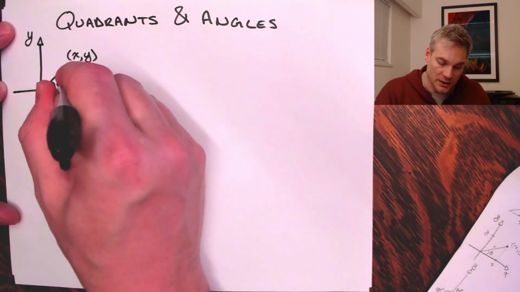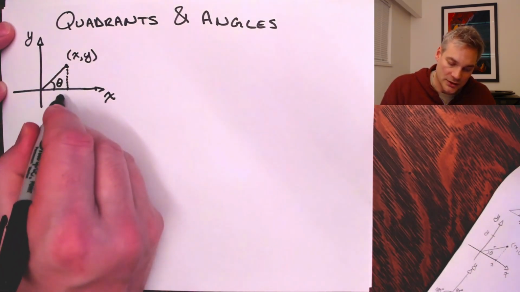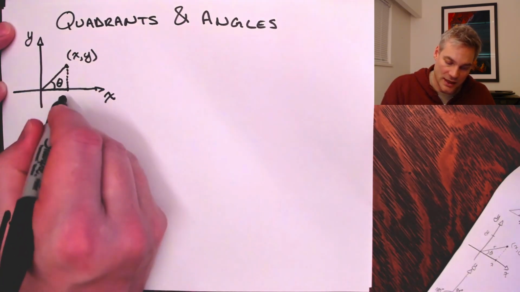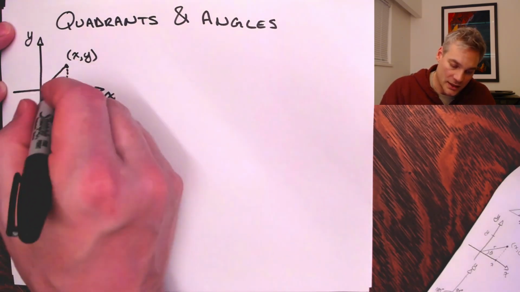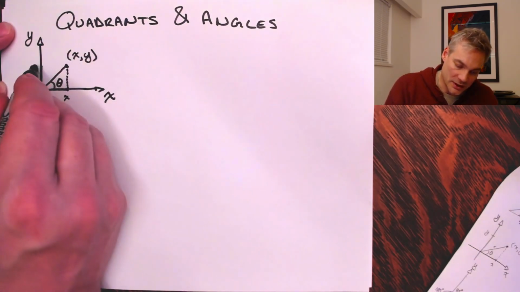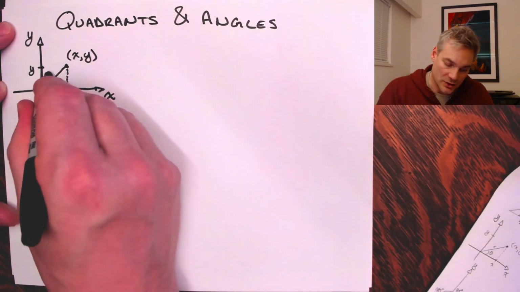So if we drew a line all the way down, it's starting to look like a triangle. This has the length of x, because this is x right here, and this has the length of y, because it goes up like that. This side we'll just call r.